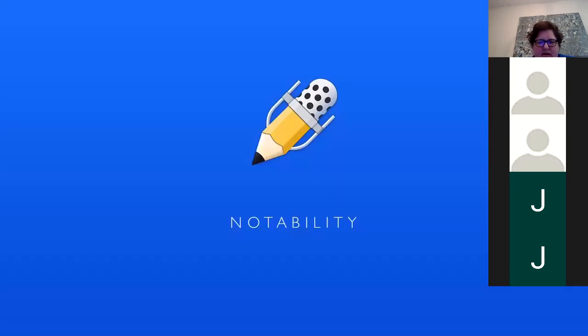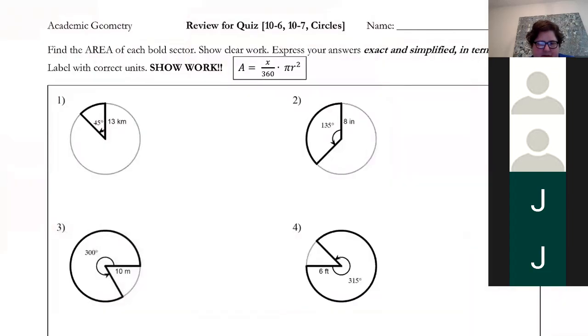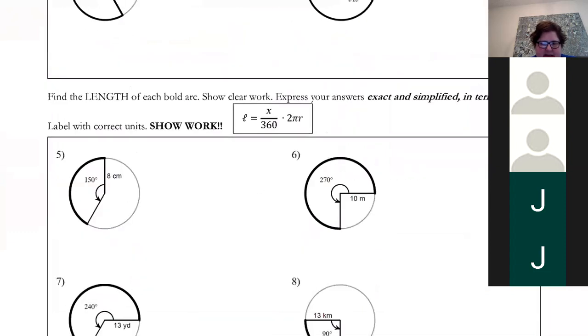Sorry, my Notability is being kind of slow. When I'm hooked up to Zoom, my Notability takes a little bit of time to load. Trying to go back to the answer key. Anybody want me to do any of the problems on page 1 of the quiz review? So you will be given the area of a sector formula and the arc length formula.